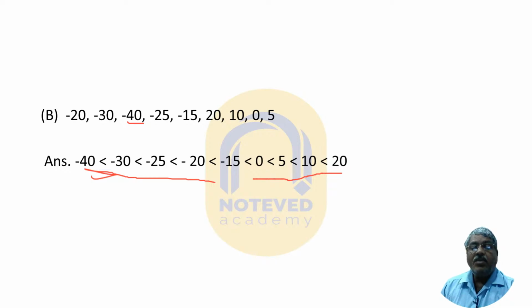Now you see 0 is at the right of any negative number, and 0 is also left of any positive number. So 0 is the boundary. Here are the negative numbers, and here are the positive ones. In this way the numbers are in ascending order.